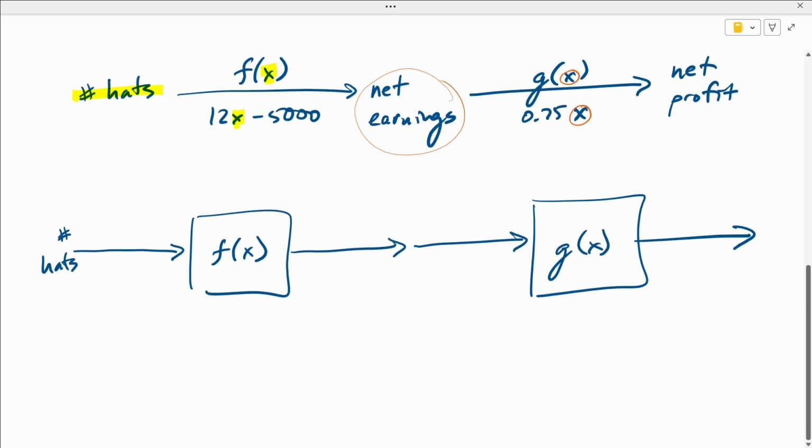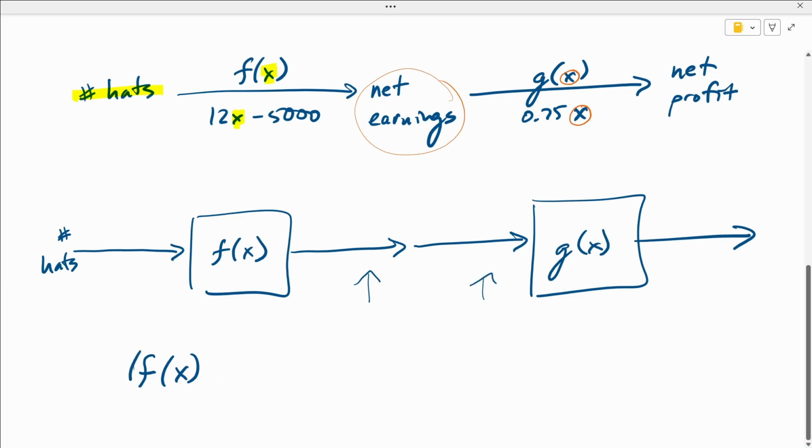Now, one way to represent this is we say, look, we want to go f of x, so the number of hats, and then computed. Now this whole thing is this output, which becomes the input for the next machine.